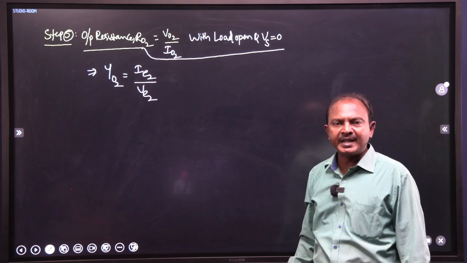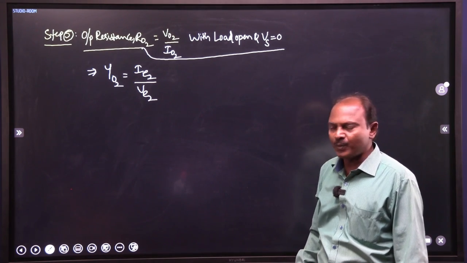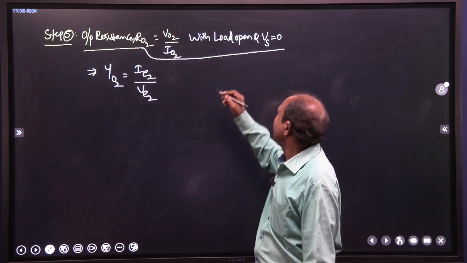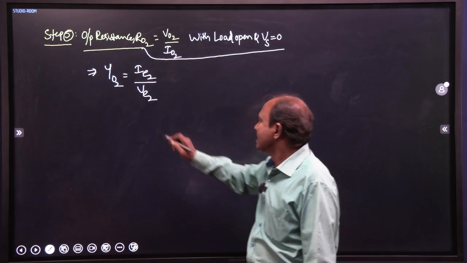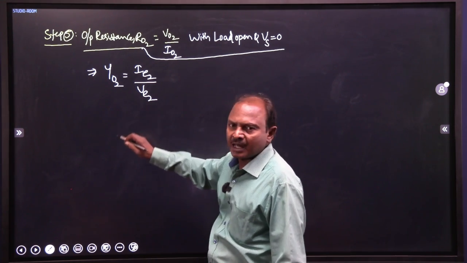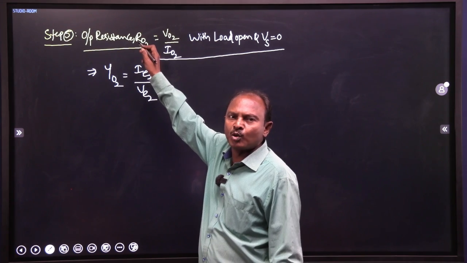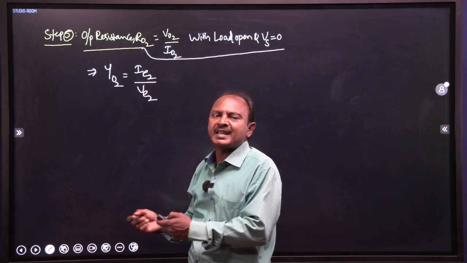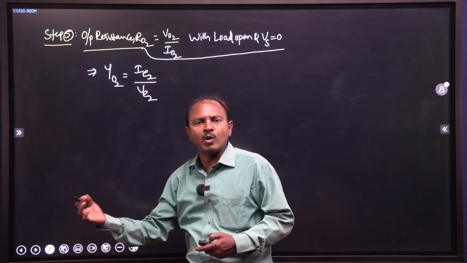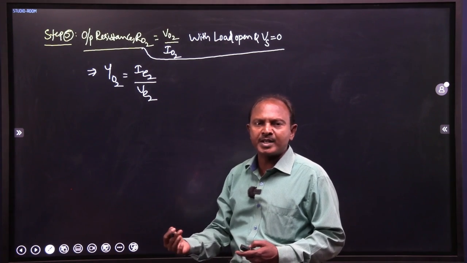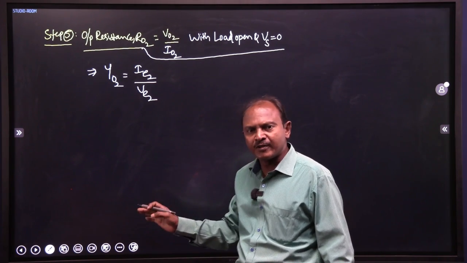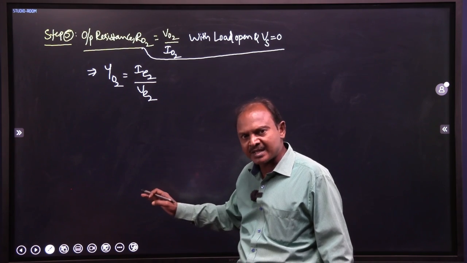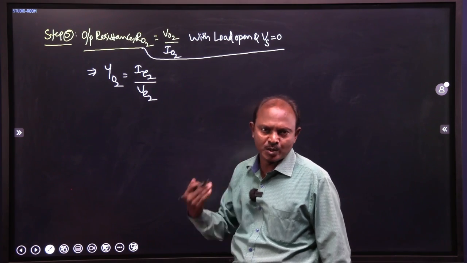For mathematical convenience only, instead of going for output resistance, it's quite natural practice to estimate output admittance in amplifiers, which you have already done. It's not a new thing for us. You have done it in the EDC also.